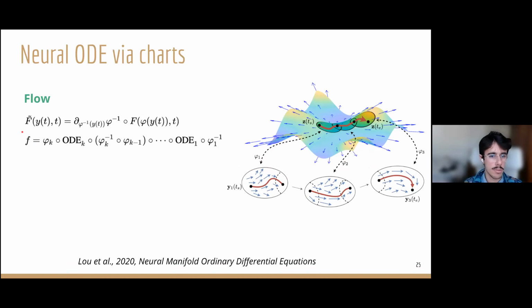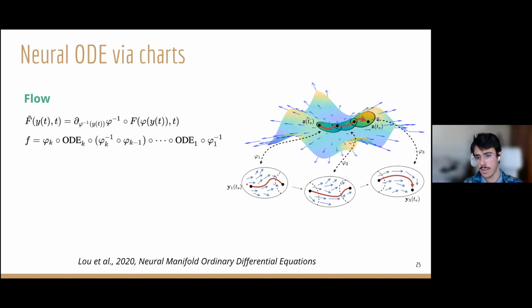If one has a vector field on the manifold and a collection of charts, then one can pull this back as a vector field on the open Euclidean space, and re-express this ODE on each individual open set given by the charts. The idea is that there is then no ODE solved on the manifold anymore, but the ODEs can be solved on Euclidean spaces.